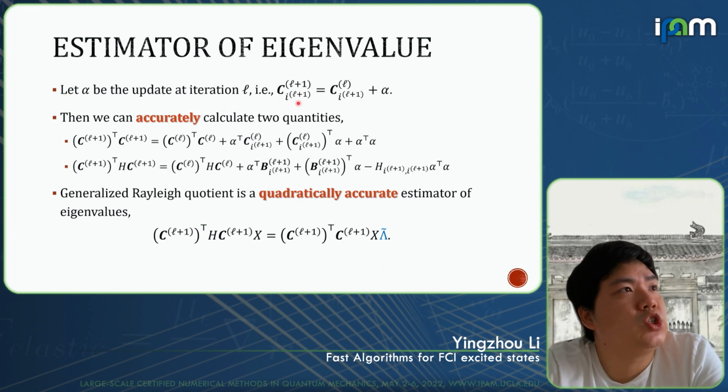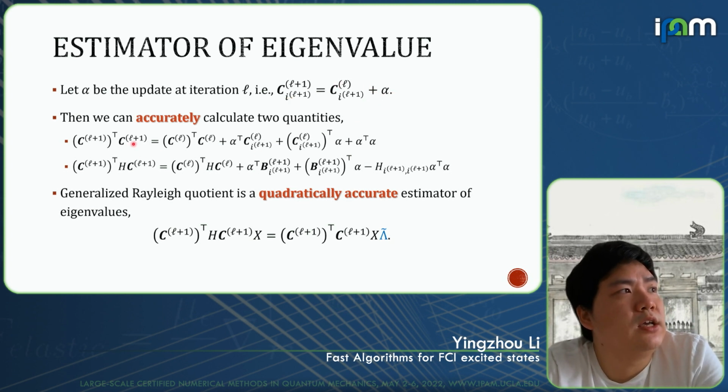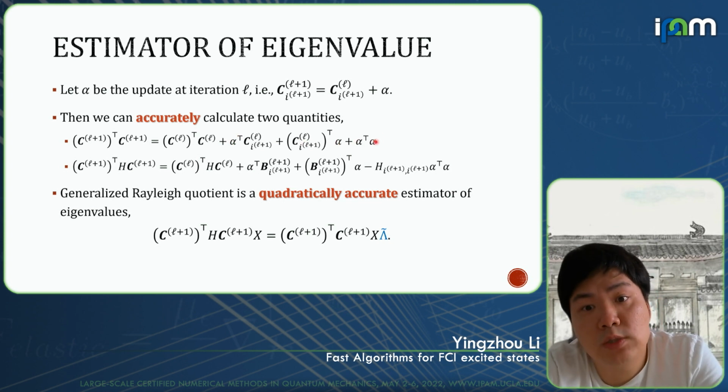Since at each iteration only one row of C is updated, for example, the ith row of C is updated by plus alpha, then if we check those two quantities, this quantity can be updated in this way: the previous one plus alpha times C plus C times alpha, and also plus alpha transpose alpha.